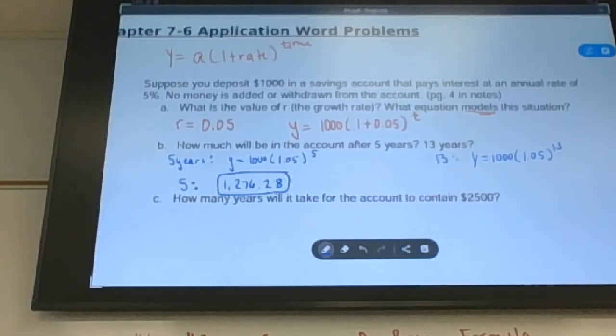No, it is right. It doesn't look right. And after 13 years, you earned over $885. So, with word problems regarding money, round to the cent.